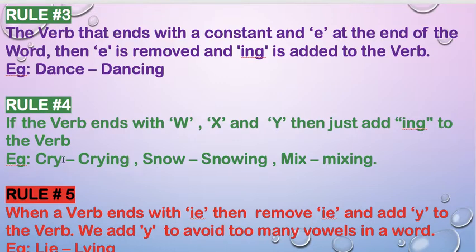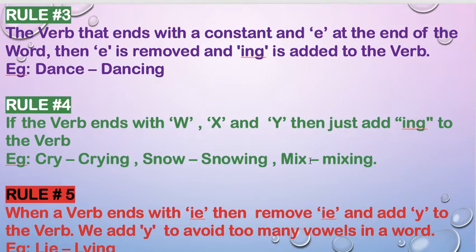What is the last alphabet of the verb here? Y. So we are simply adding ing to it. Cry becomes crying. Next, snow. What is the last alphabet here? W. So when W is coming, we are simply adding ing to it. So snow will become snowing.